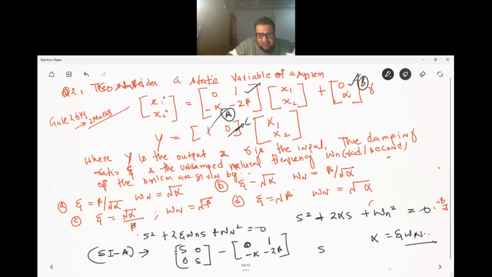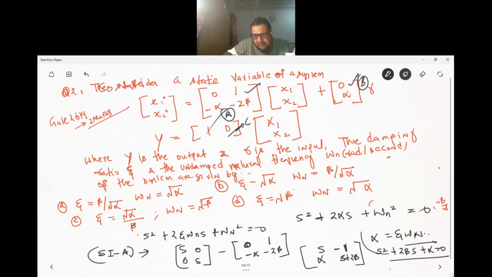Then s minus 0 remains s, 0 minus 1 becomes -1, and 0 minus this becomes alpha, and s becomes s plus 2 beta. If I get the determinant of this, it becomes s² plus 2 beta s minus of minus alpha, plus alpha, is equal to 0.